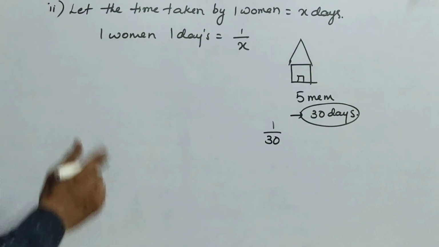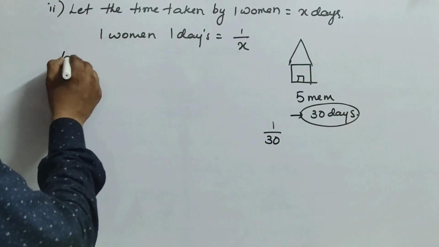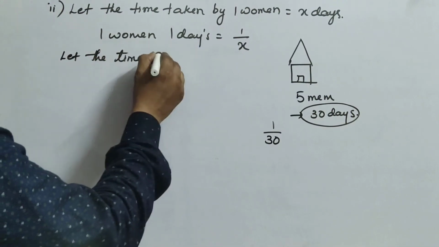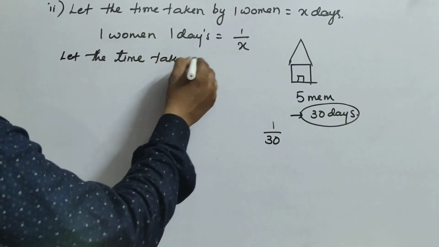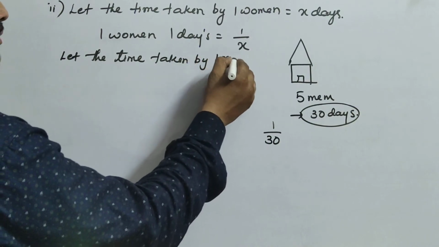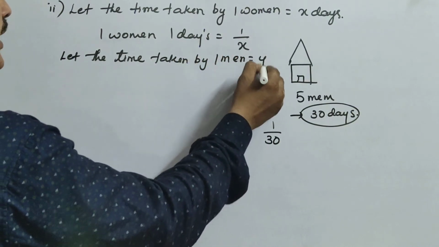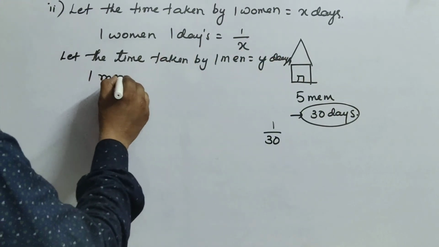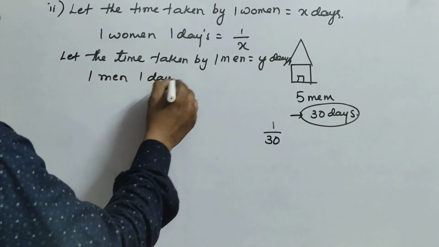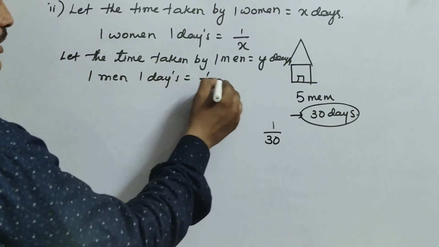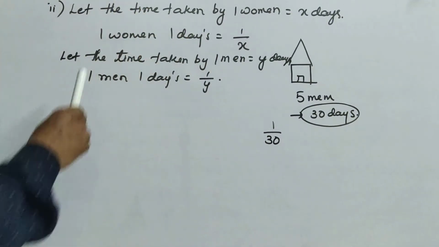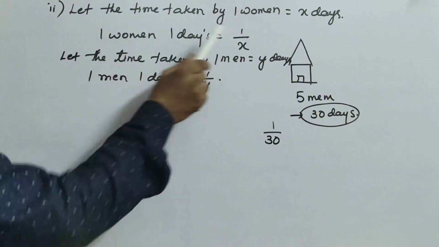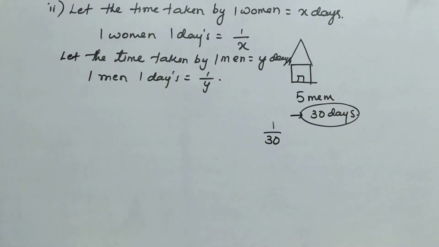Okay, similarly let the time taken by one man be y days. So one man's 1 day work is 1 by y. One woman's 1 day work is 1 by x. One man's 1 day work is 1 by y.